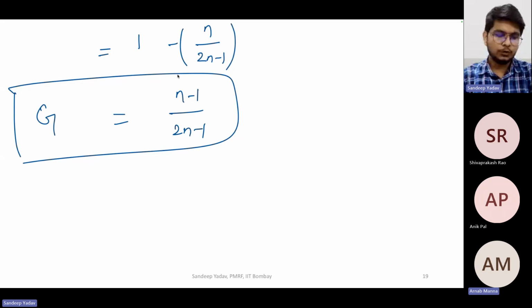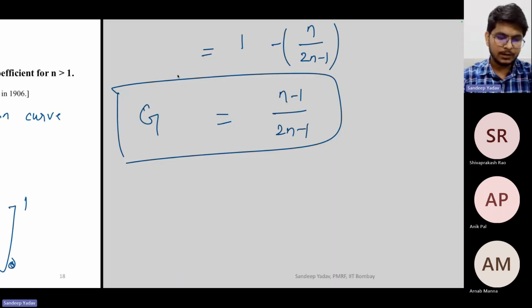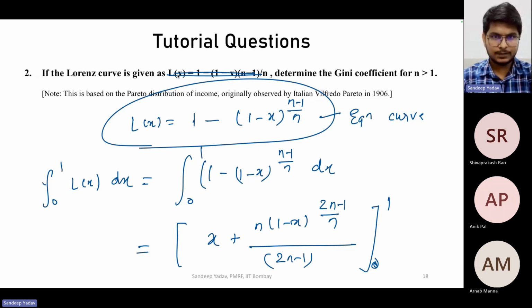Why have you taken only the integration of Lx dx? Because Lx is the function that was given here. If you see here, it is the function. The Gini coefficient is 1 minus 2 times the integration of Lx dx.